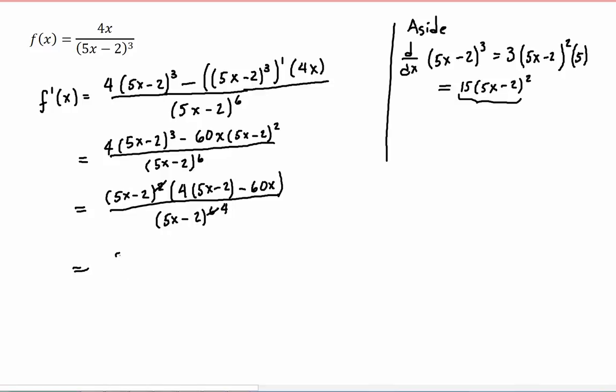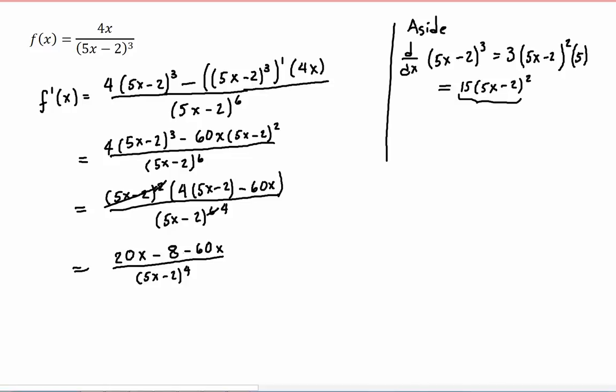It's going to be 20x minus 8 minus 60x, all over (5x minus 2) to the power of 4. By the way, I should have canceled this whole thing out. Probably more clear.